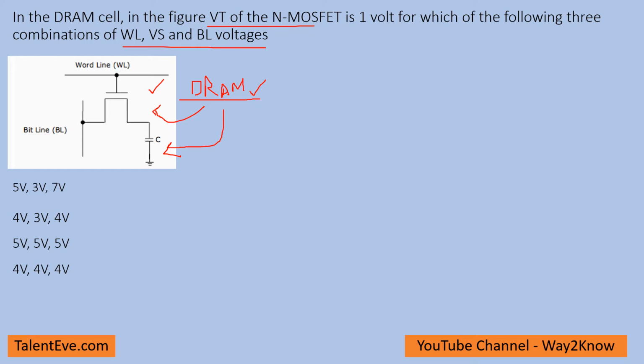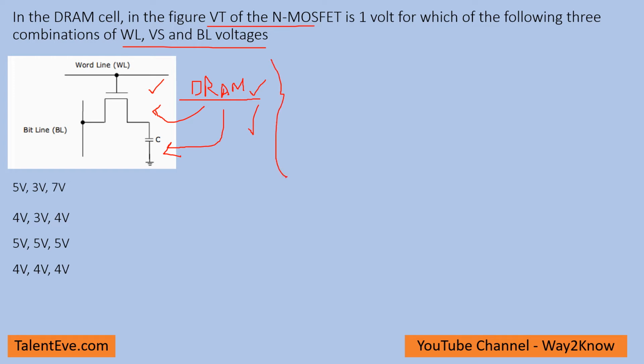So it stores just a bit value 0 or 1. One of the major problems with this DRAM is it has to be refreshed periodically because the capacitor will have some leakage. So self refresh should be done at regular intervals so that the charge is intact. So this is a brief.